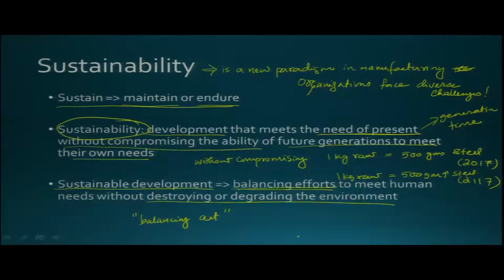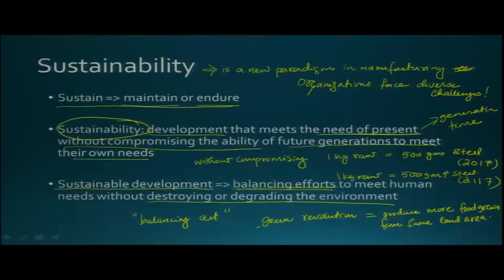A classic example of this is the green revolution. The green revolution was largely a developmental initiative where the aim was to produce more food grains from the same land area.